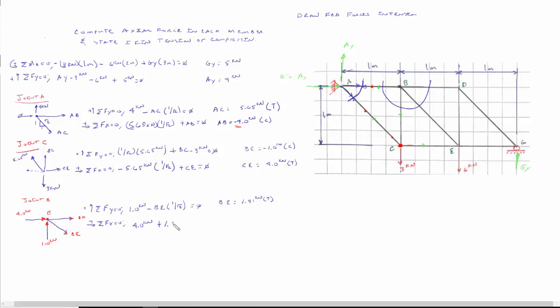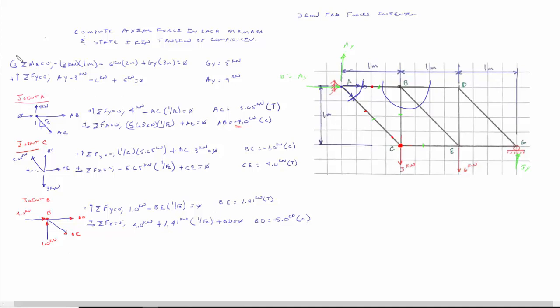So I'm going to go ahead and write that in: 1.41 kilonewtons times 1 over square root of 2. And the last one is plus BD, all equal to 0. Computing for BD, it came out to be 5 kilonewtons. But yep, you're right, it's negative, so that's going to be in compression.